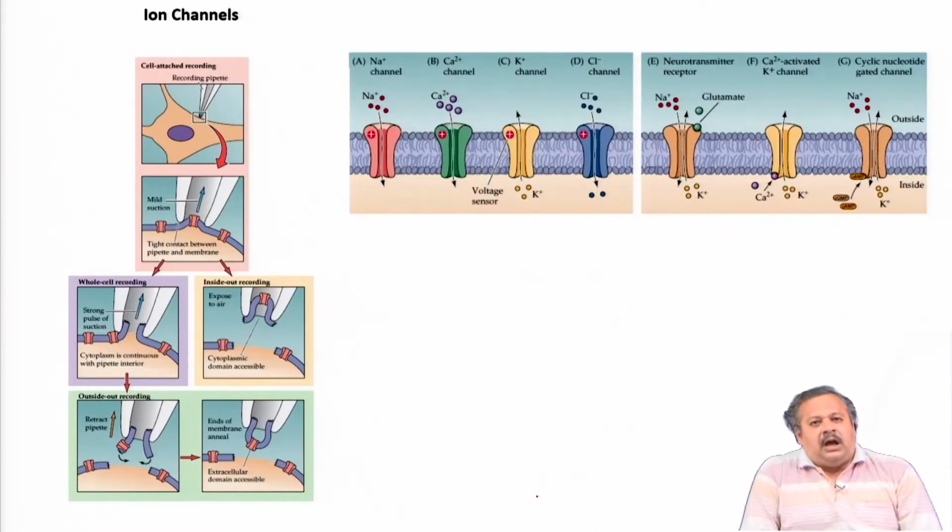That is, what the nature of the current is and what the sizes of the current are, and so on. So, what are these ion channels?